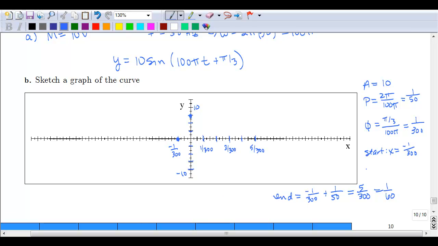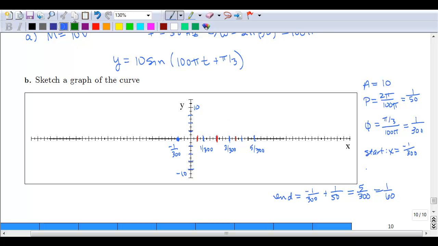We're going to cross back at 1 over 300. So we have to be really careful with our half and quarter points. Our halfway point here is actually at 2 over 300. So you can see you'd have 1, 2, 3 to get there, and 1, 2, 3 to get to the end. So that's the halfway. The quarter point's going to be here at 1 over 600, and here as well.